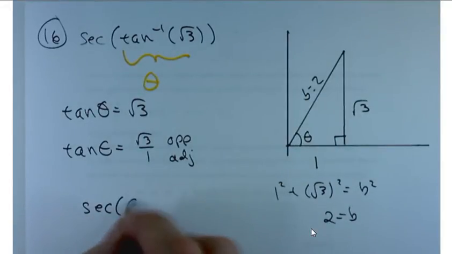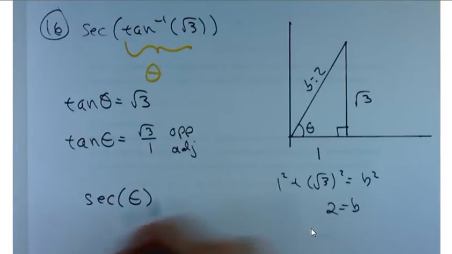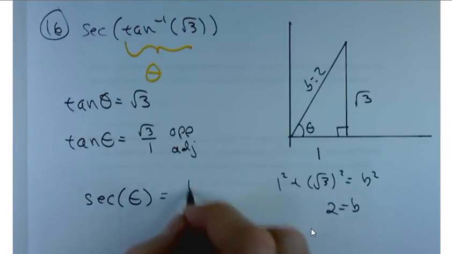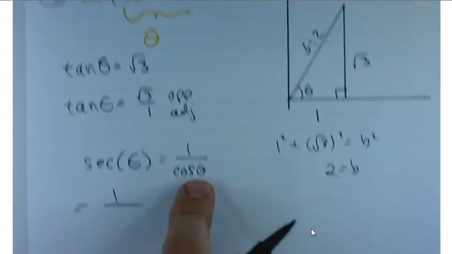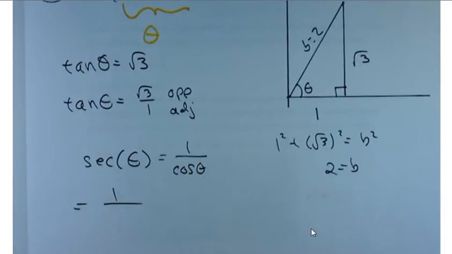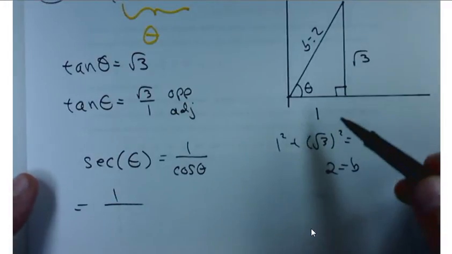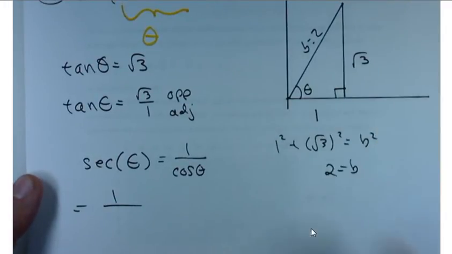So I want the secant of that. Secant is 1 over which function? 1 over the cosine. So let's take a look at that. Let's figure out what the cosine of theta is. So Rebecca, what would be the cosine of this angle?